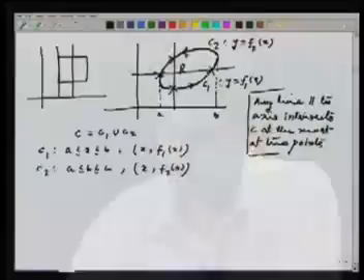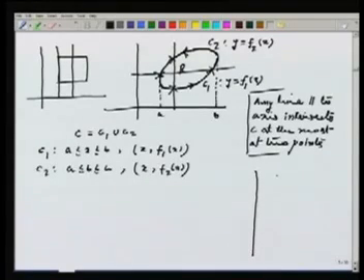That is, if C is the curve in one direction and minus C is the same curve in the reverse direction, then the integral over C of F dot ds is minus the integral over minus C of F dot ds. Okay? This is something which we have noted.